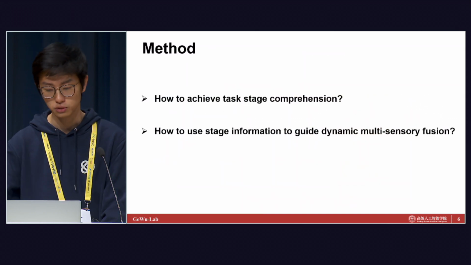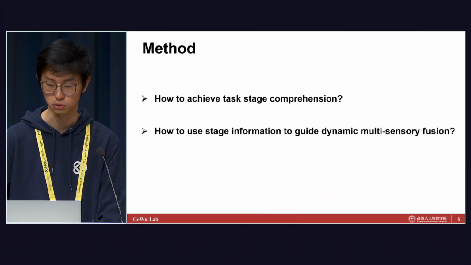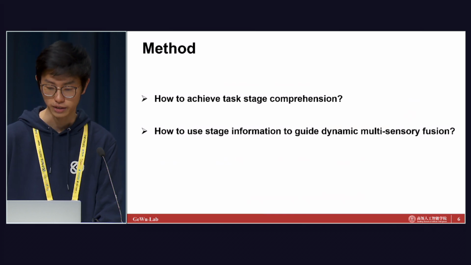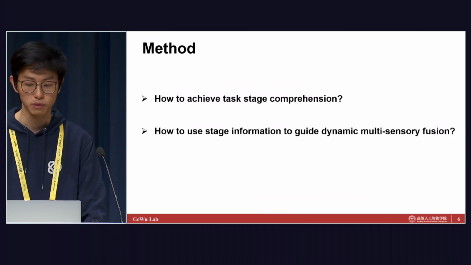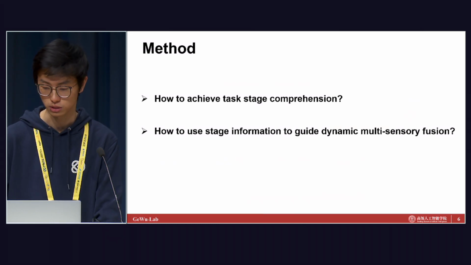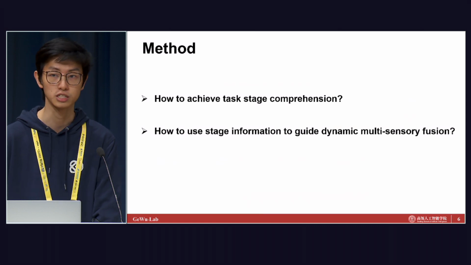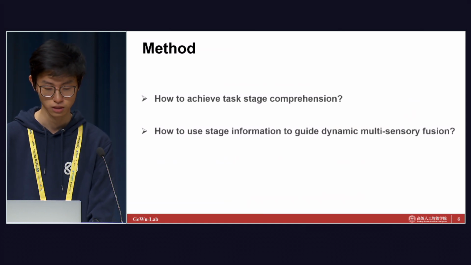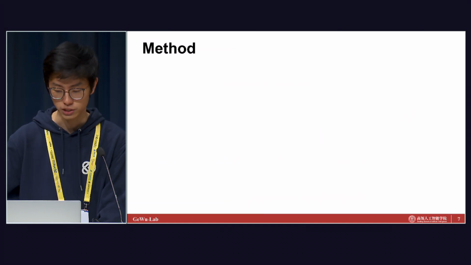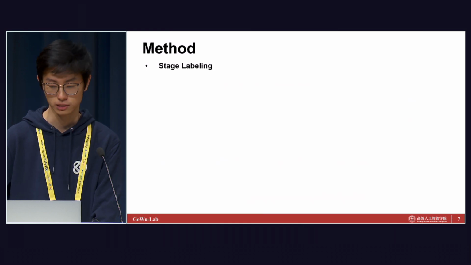So to better tackle the challenge of modality temporality, we want to enable the model to understand the task stages and perform dynamic multisensory fusion accordingly. We mainly focus on two key issues: how to achieve task stage comprehension and how to use stage information to guide dynamic multisensory fusion. For the first question, a simple and effective approach is to train the model directly to predict the current task stage.